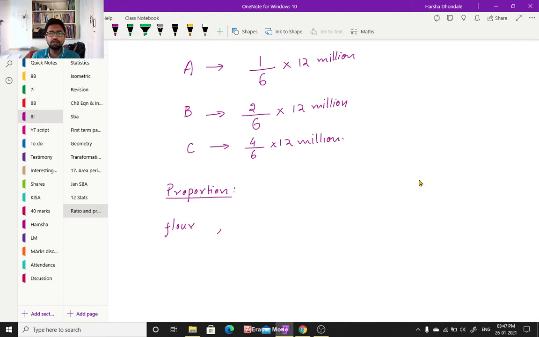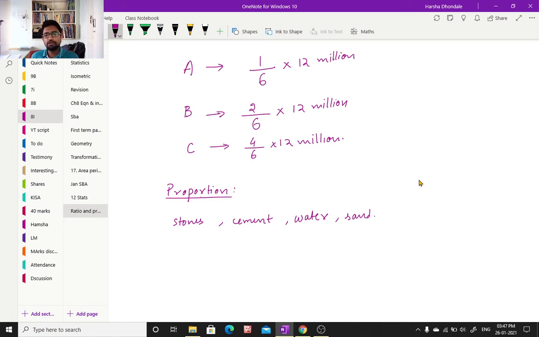Or let me take another example. I'm preparing a concrete mixture for which I'm using some stones or pebbles, whatever you want to call it, then a little bit of cement, and then water, and of course sand as well. Now I have to mix this in a certain quantity.